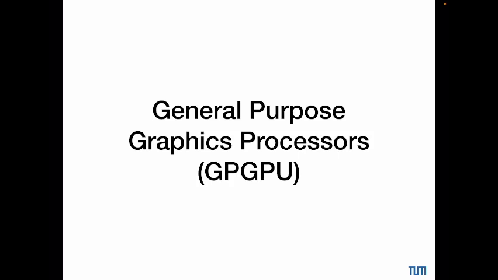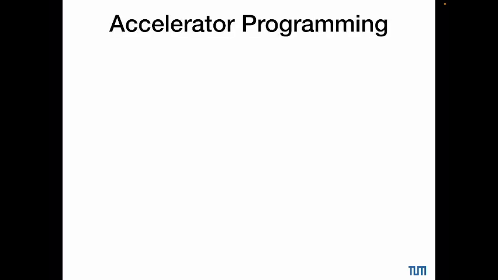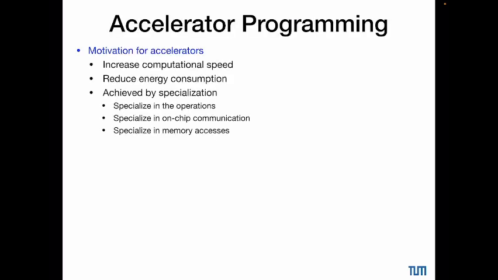Yeah, so now we go into the general purpose graphics processors. Acceleration is a point here, accelerated programming, and it's all about increasing the computational speed. Obviously for games, you want to have more fancy visualization there, but obviously you can also use the speed for other processing, and that is what I will talk a little bit about here.